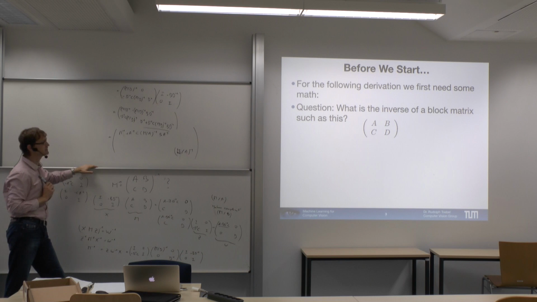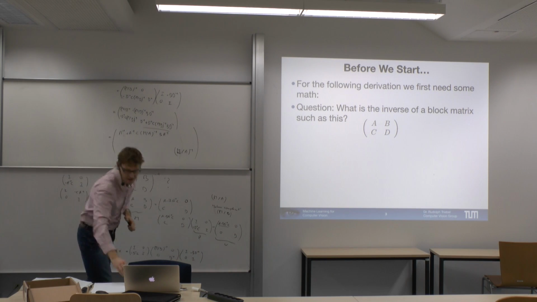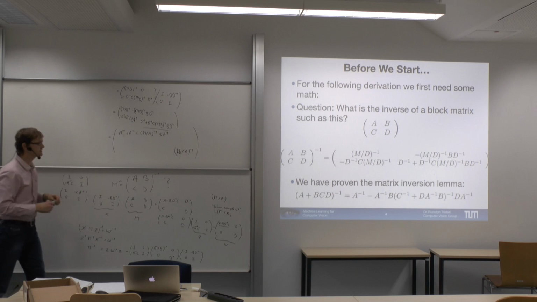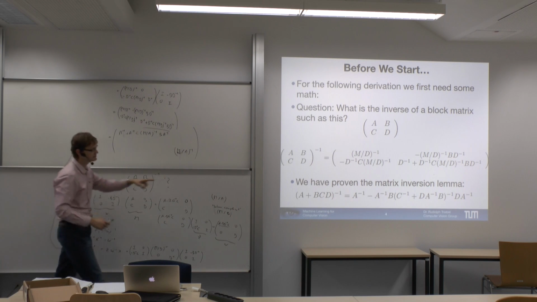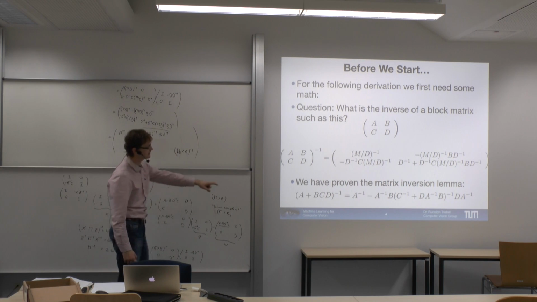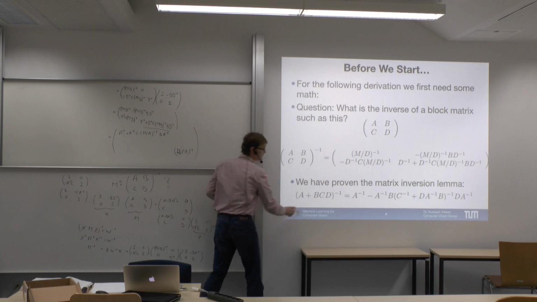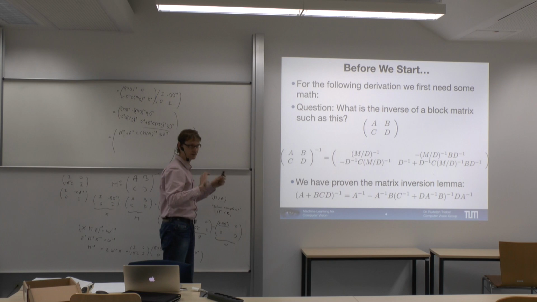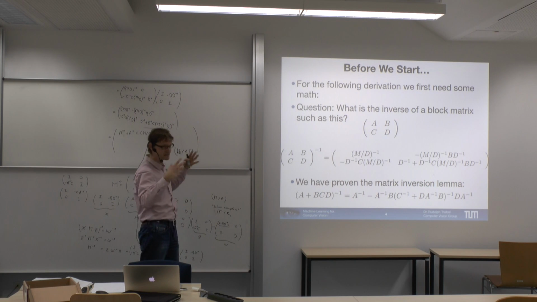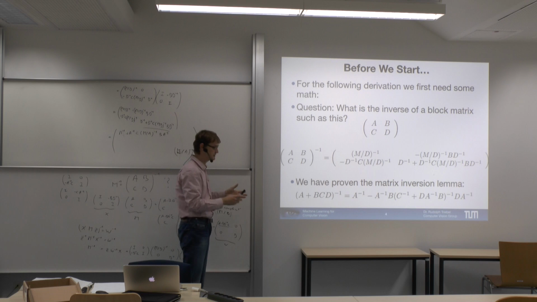And by doing these two ways, we can now directly prove the matrix inversion lemma that we had last week. This was the matrix inversion lemma, which is nothing else than the inverse of the Schur complement. The slight difference is that we don't have C inverse here. That's not a big problem. We can have another C, which is the inverse of this C, right? So this is no problem.